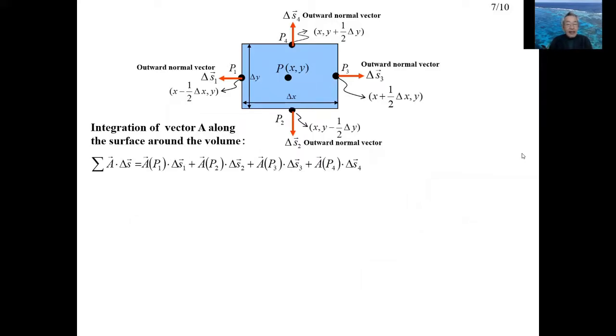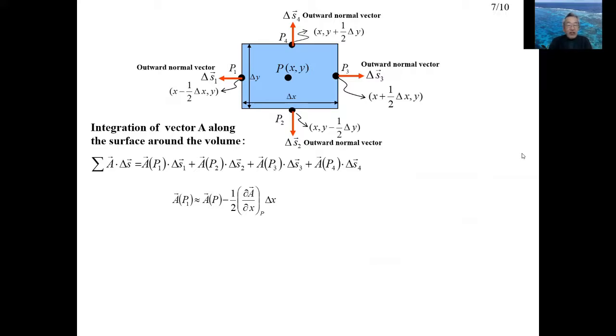Now let's integrate the vector A along the surface around the CV. This integral is the inner product of the vector A and the vector delta S. P1 is half delta x away from the center in the negative direction, but y is the same.